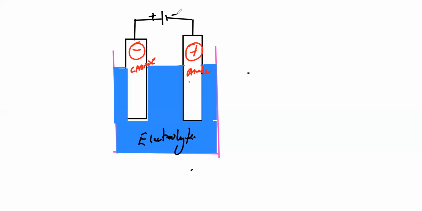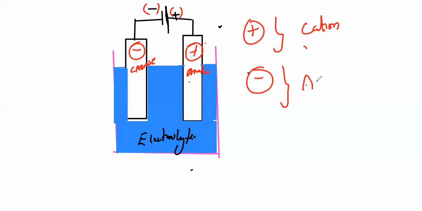Normally we connect the positive side to the anode, and the negative side to the cathode. The positive ion is called the cation. The cathode is negative, but the positive ion is the cation. The negative ion is the anion.